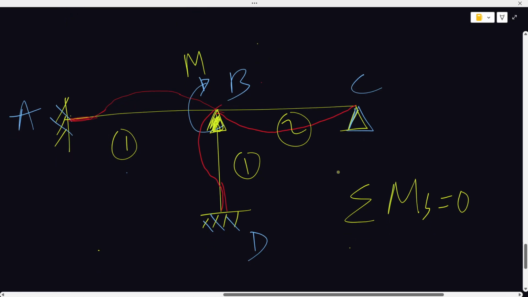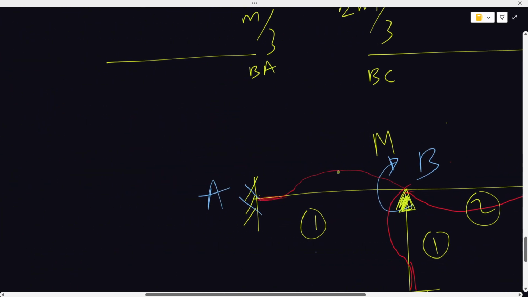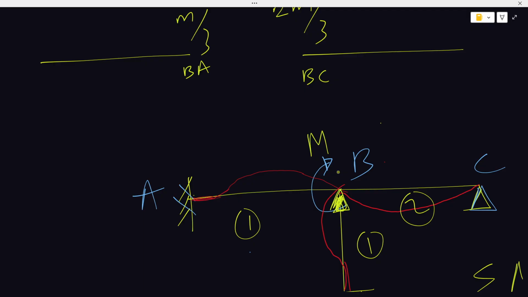So having this in mind, we can say that MBA is equal to 4EI theta over L. MBA is a first case scenario, and a first case scenario expresses that the moment at the near end, that is the moment at B, is equal to 4EI theta over L. Moment at the near end, that is the moment applied, is equal to 4EI theta over L. Because M is equal to MBA in this instance, and B is the near end and A is the far end, it represents the first case scenario where we had hinge fixed, and because of that the moment applied will be equal to 4EI theta over L. Where's the moment applied?